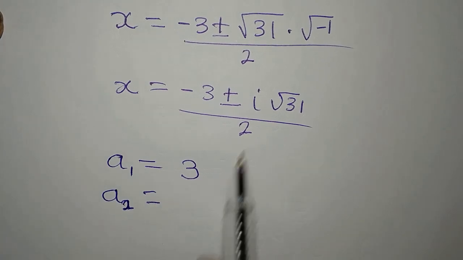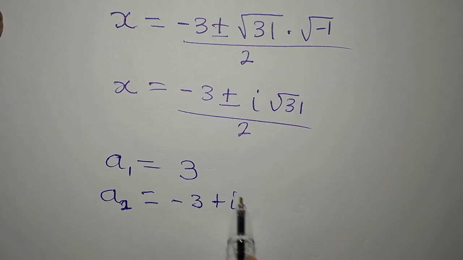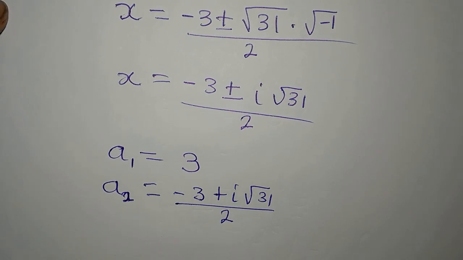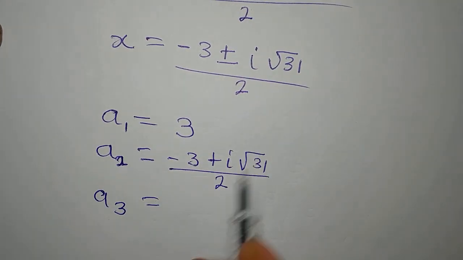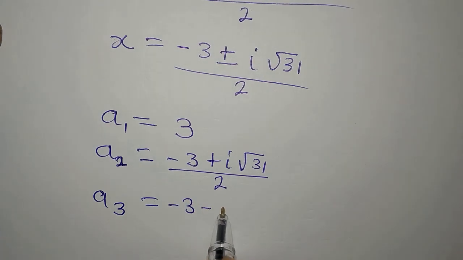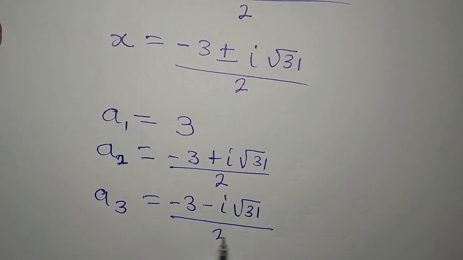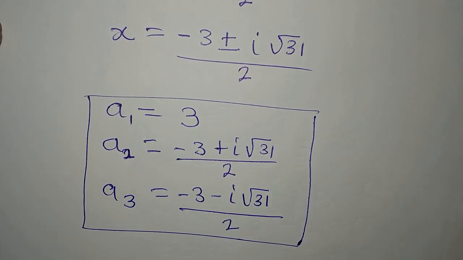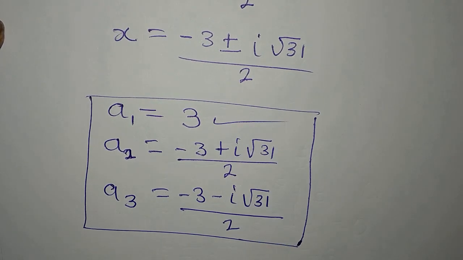Our a2 is obtained from here, and that will be minus 3 plus i square root of 31 over 2. This is our a2. Then a3 is still from here, and it's minus 3 minus i square root of 31 over 2. So from here we have the 3 solutions to the equation. But mind you, the first solution is the real solution.